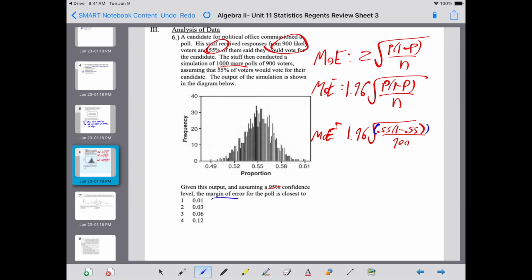In that case, actually, it wouldn't affect it, because you're just multiplying and then dividing one term. Okay, and you end up getting 0.032502999229. So it's about 0.03, the margin of error.